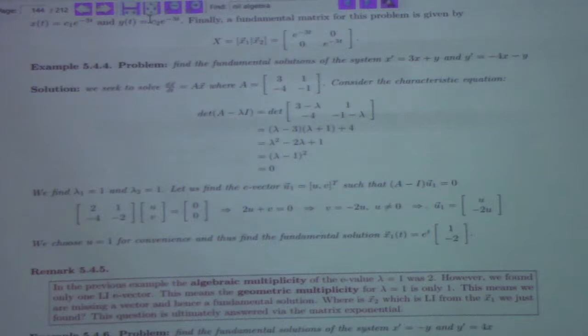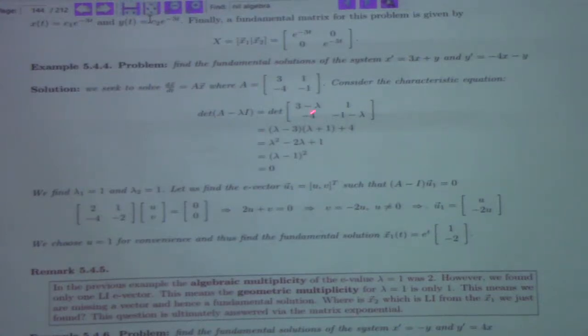The one right before had -3 repeated, and we did find 2 eigensolutions for that one, because it was a diagonal matrix. But this one, we just find 1 eigensolution, so there's something missing. This will not give us the general solution, it's just half of it.